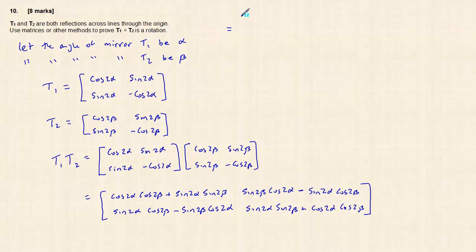Now just a tiny bit of rearrangement here. The first one I'm going to leave the same. So that's cos 2 alpha cos 2 beta plus sine 2 alpha sine 2 beta. Then this one here is the negative of sine 2 alpha cos 2 beta take away sine 2 beta cos 2 alpha.